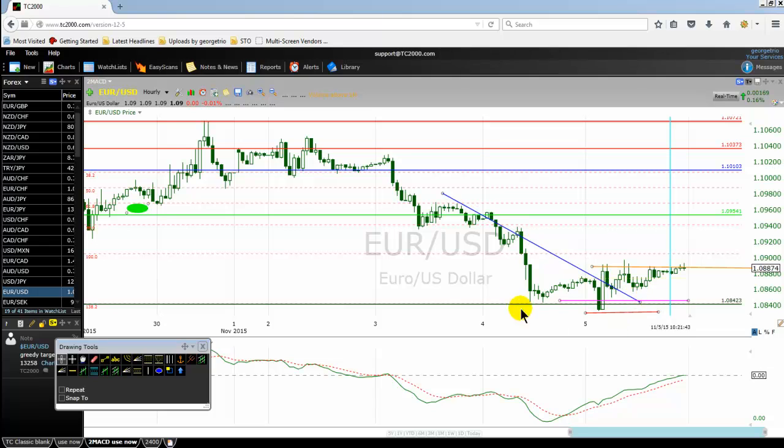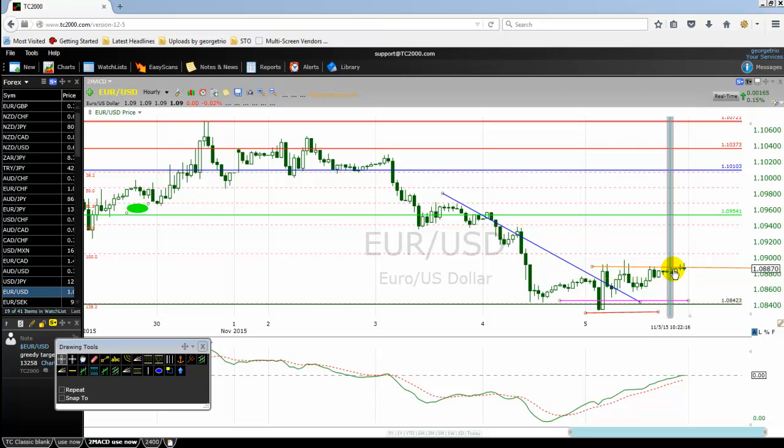Now I will set the target for the second trade for the euro dollar that we have taken at 10876. Once again, let's see, 40 pip will be nice for that trade also.